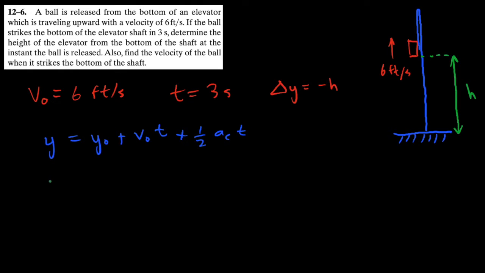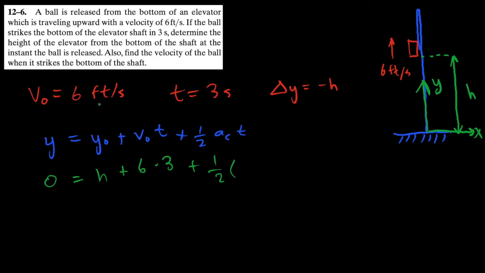Our y value is equal to 0, assuming we draw x and y coordinates like this, so our y value at the point of interest, when we hit the ground, is 0, and our y naught is equal to h, plus our v naught, given here, 6 times 3, the value of t, plus 1/2 times the acceleration.